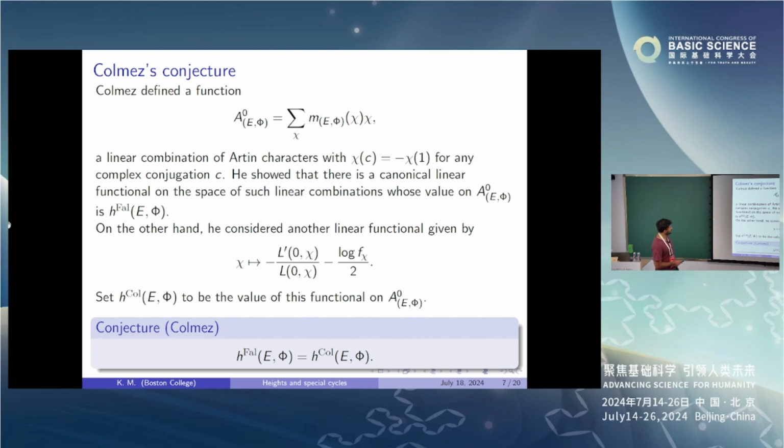And so you can extend this to a functional on the space of all such linear combinations, and so you can call H Colmez of E phi, and that's evaluated at this linear combination. And he conjectured that, in fact, this is the same as the functional given by the Faltings height. Okay, so this would be essentially a full generalization of the Chowla-Selberg formula.